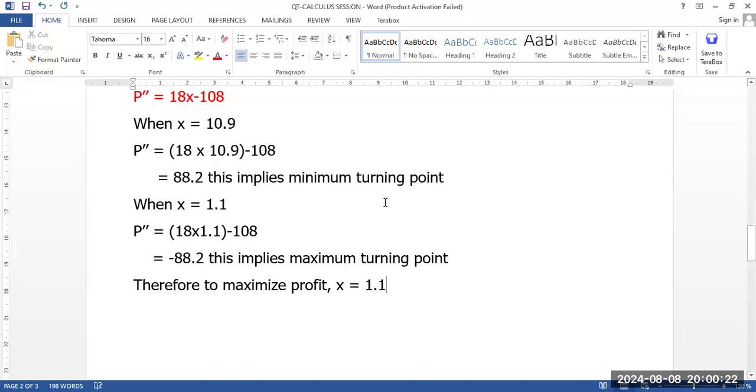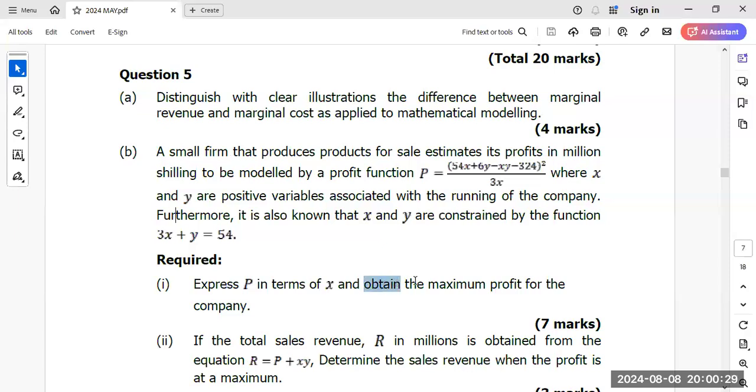But the question is not saying you just get the value of x. They are telling you to obtain the maximum profit. So once you get the value of x, substitute the value of x in your profit function.